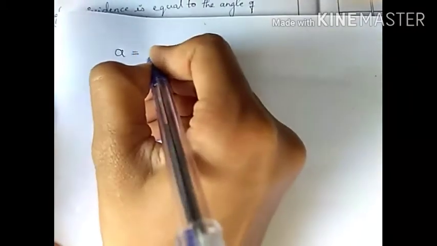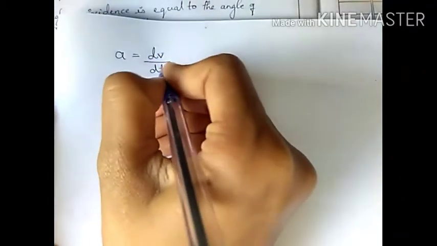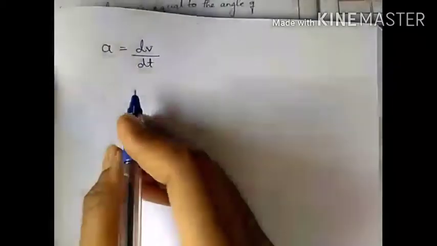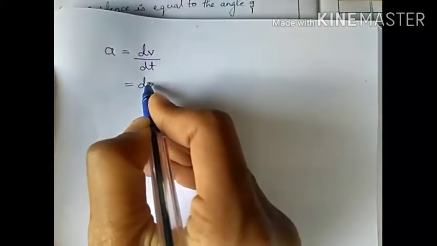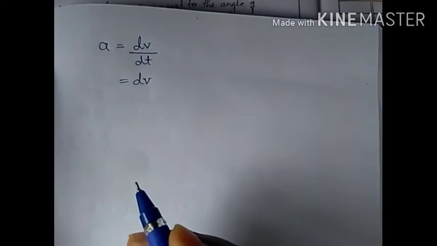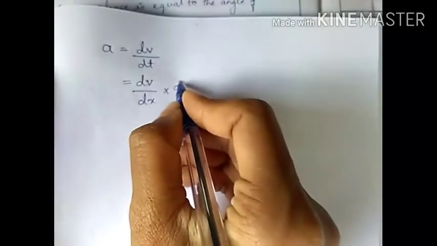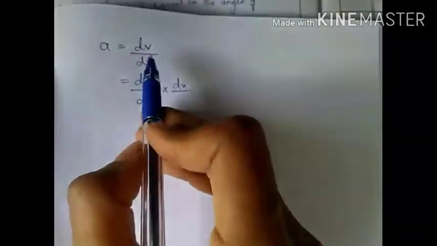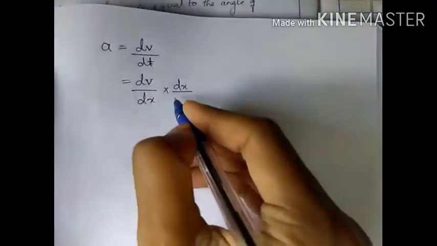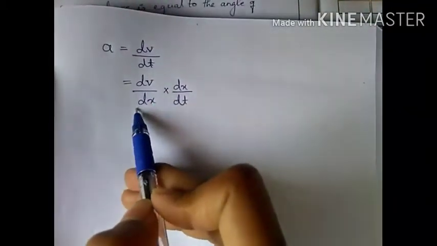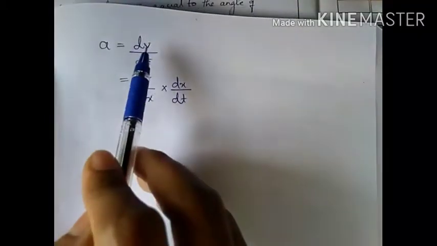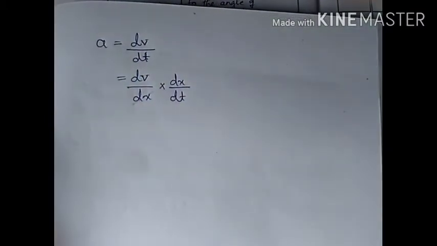From the definition of acceleration, again acceleration can be written as dv by dt. Now what you will do is multiply and divide by dx in this equation. So dv by dx multiplied by dx by dt. If you cancel dx, you will be left with dv by dt.